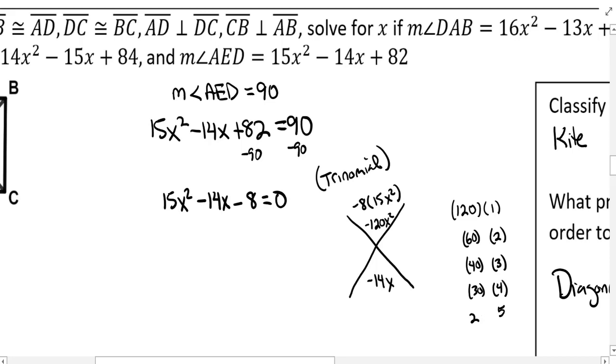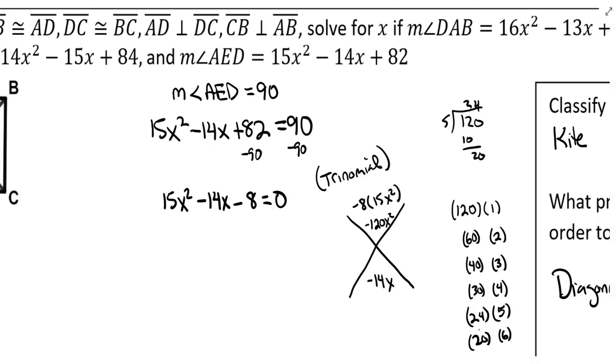No. Let me write that out here. 24 times. And I'll do one more, 6 times 20. And we're trying to think which two of these can make negative 14. I'm allowed to use positives and negatives. And if I do negative 20x and positive 6x, that's going to work out for me.